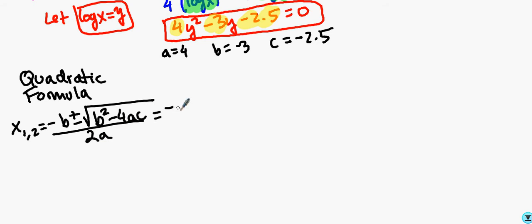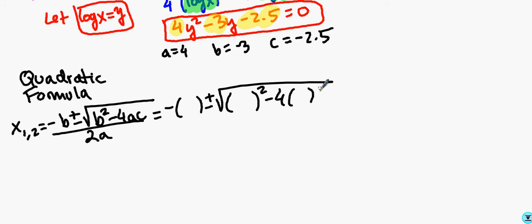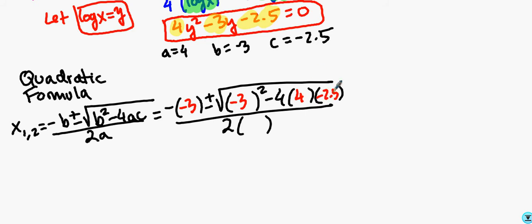So let's rewrite this formula, but leave blank space for numbers or variables so you can plug them in. We need b, that's -3, it goes here. We need a, which is 4, we need c, which is -2.5, and we need another a down here.